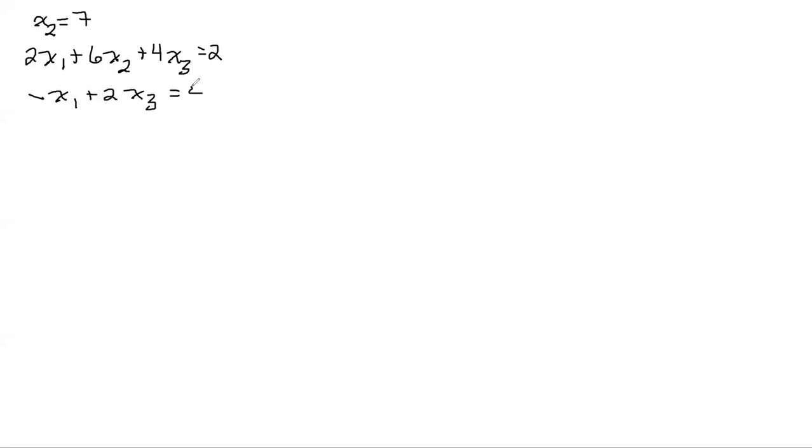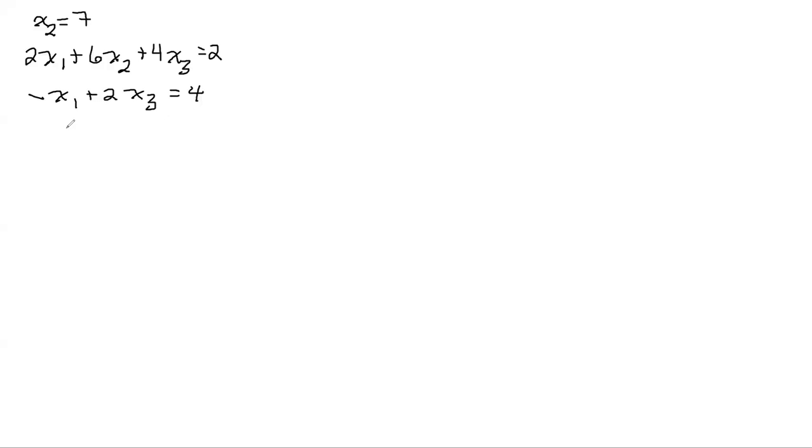So let's maybe do an example where we've got x2 equals 7. This is our system of linear equations: 2x1 plus 6x2 plus 4x3 equals 2, and minus x1 plus 2x3 equals 4.